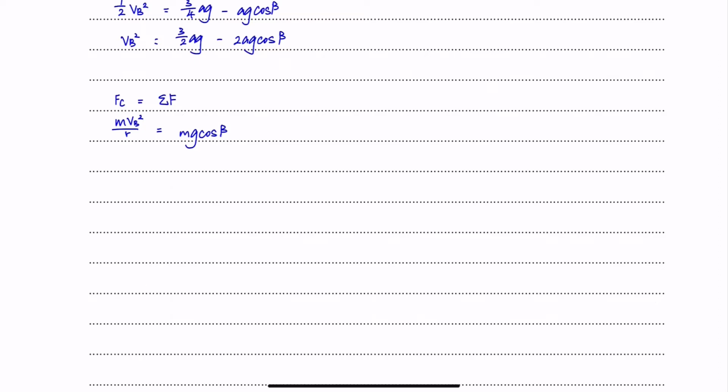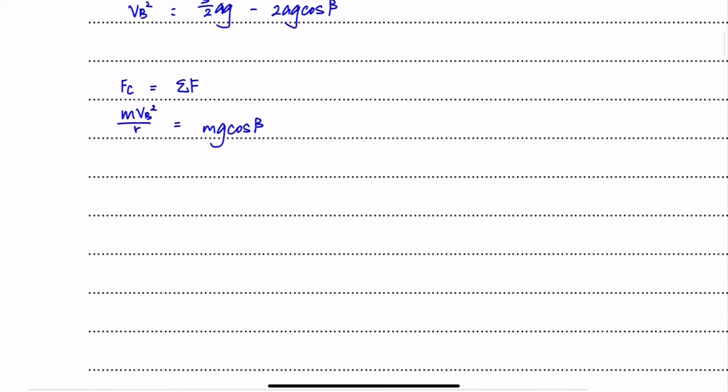So now we can substitute this equation into the vb squared over here. First we can cancel off the m, so it's not that confusing. And now we have 3 over 2 ag minus 2 ag cos beta over the radius of the circle, which is a, equal to g cos beta.